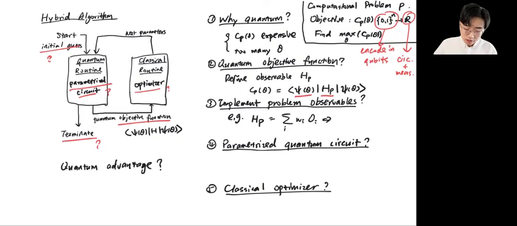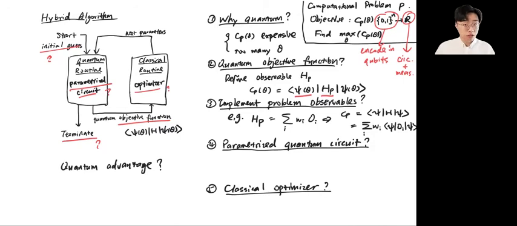With this definition, the cost function can be computed by a set of measurements, namely measuring O sub i on the quantum state psi, and doing that multiple times for each O sub i. Now, each O sub i could be as simple as a measurement rule, such as a Z basis measurement on qubit 1, X basis measurement on qubit 2, etc. But the goal here is that through that set of measurements, we can compute the value of our cost function C sub P.